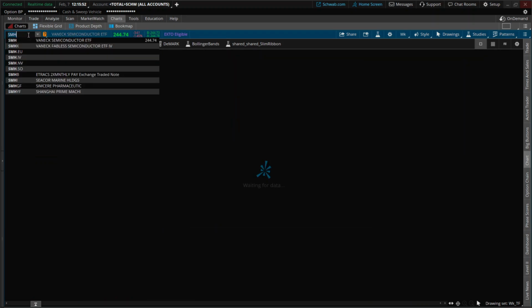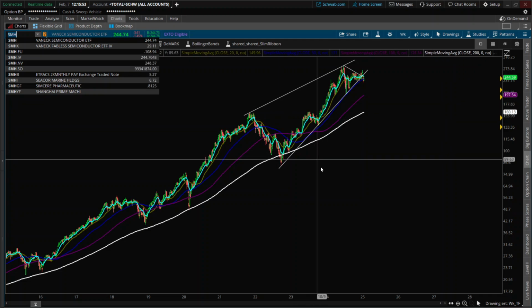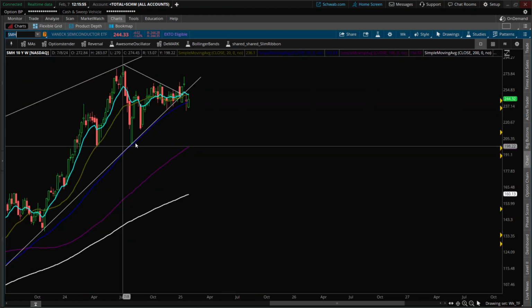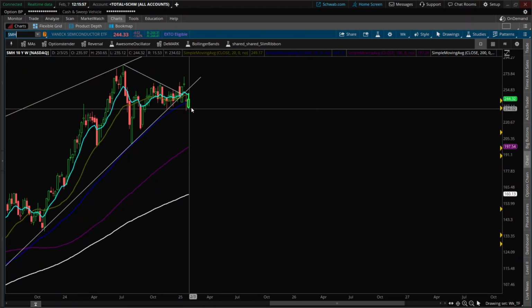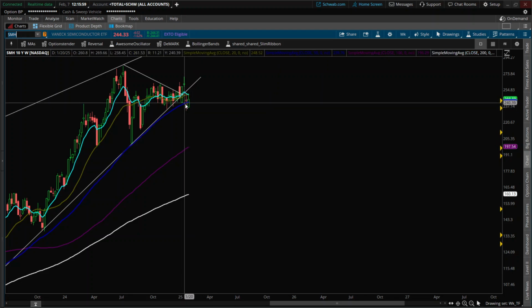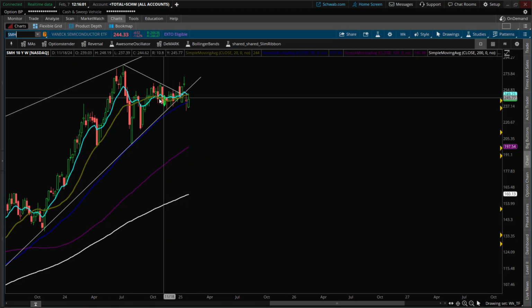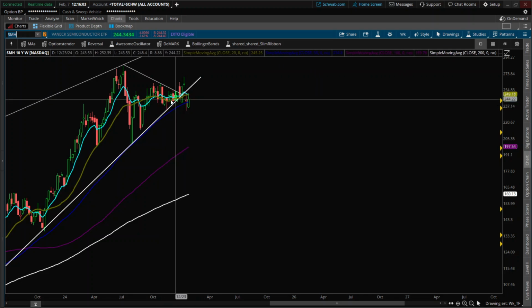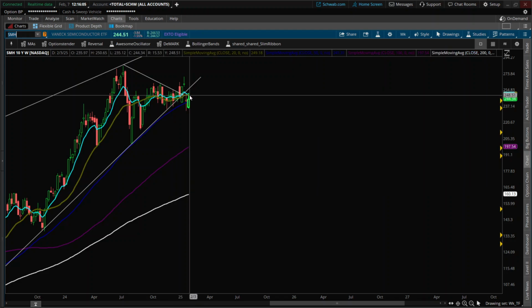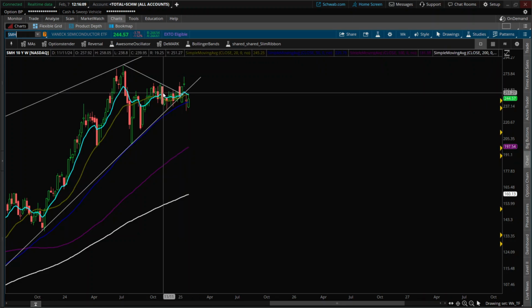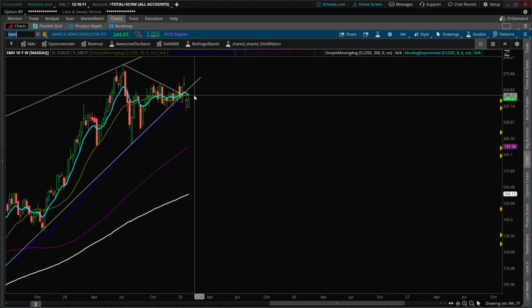SMH. SMH clearly much more bearish. Broke down from its wedge already. It's going sideways. I think it's forming a bear flag, rejecting off of the 20-week moving average. That's huge. Price has to get above here for any sort of market to continue to the upside.